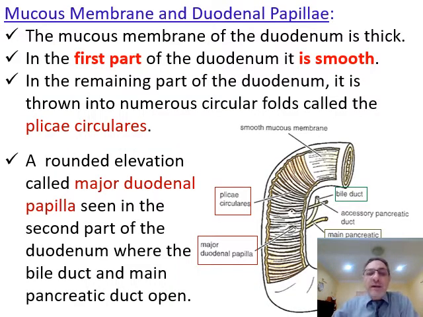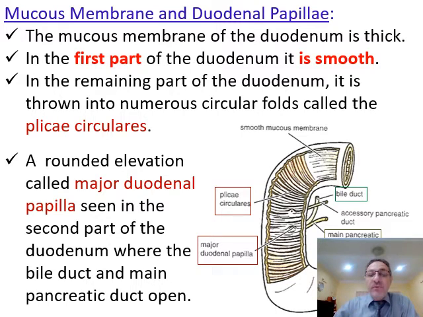About the mucous membrane of the duodenum: at the beginning it is smooth. The first half of the duodenum is smooth.